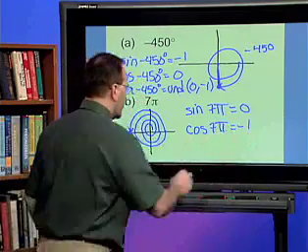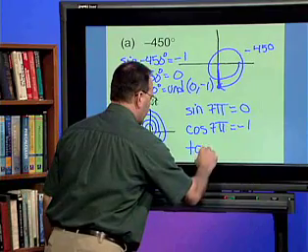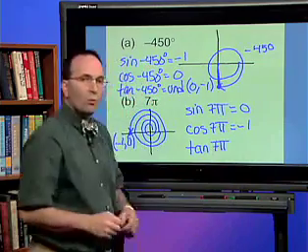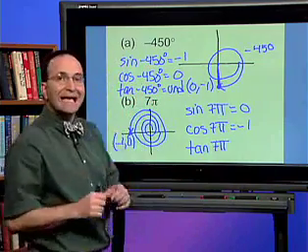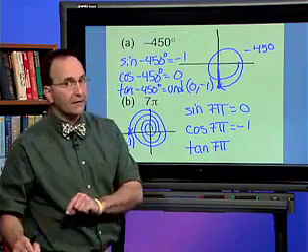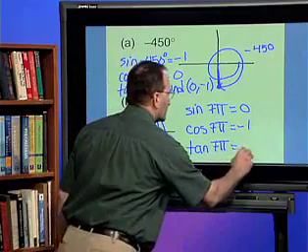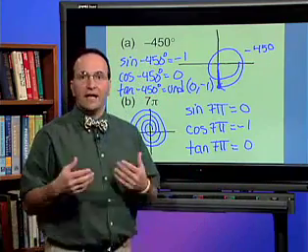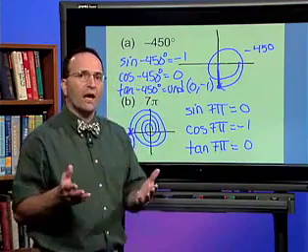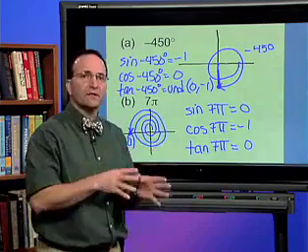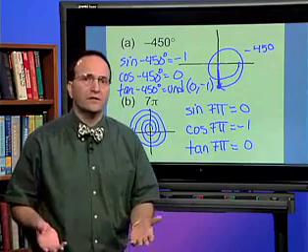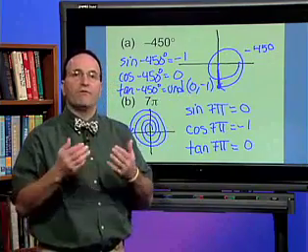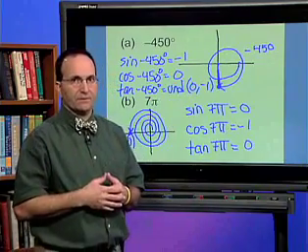And now the tangent of 7 pi is going to be y over x, which in this case is 0 over negative 1, or in other words, it's equal to 0. So finding the trig functions of a quadrantal angle is fairly straightforward once you realize that you can still label those points that fall on the coordinate axis.